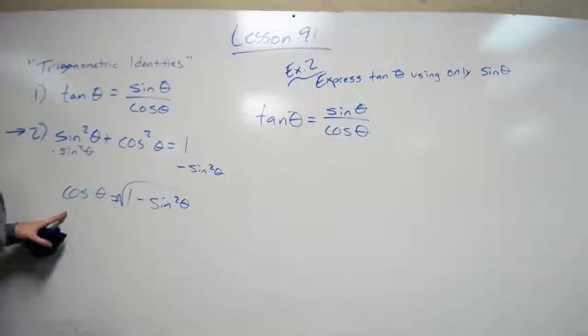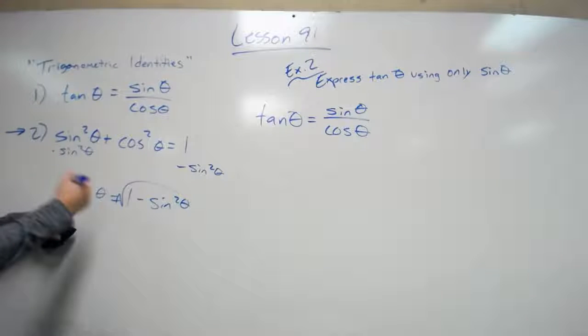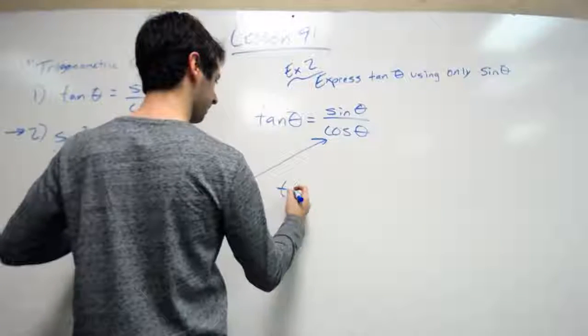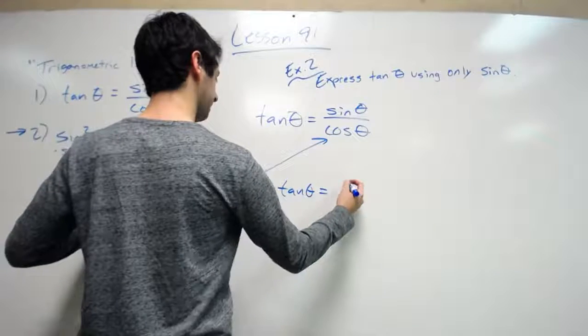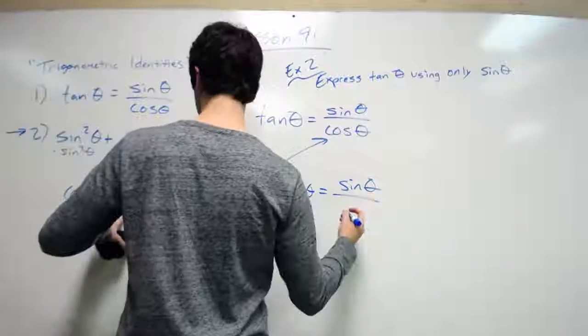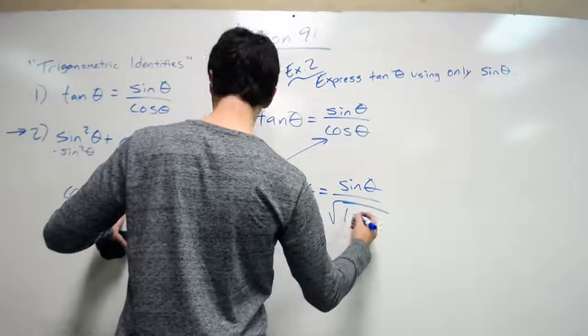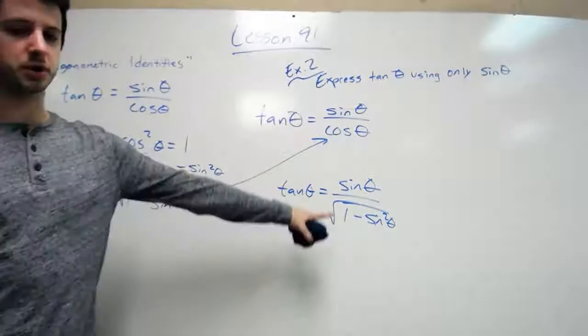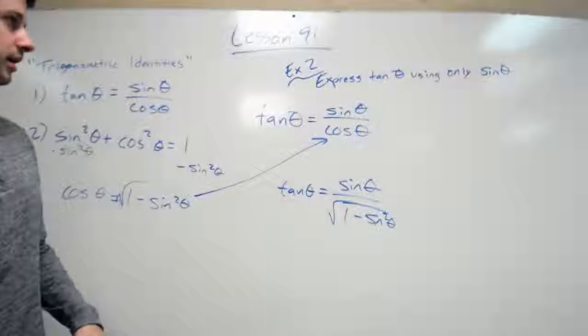Now I can plug in for cosine of theta right there. So now I get tangent of theta equals sine of theta divided by square root of 1 minus sine squared theta. And now there's no cosine within that expression.